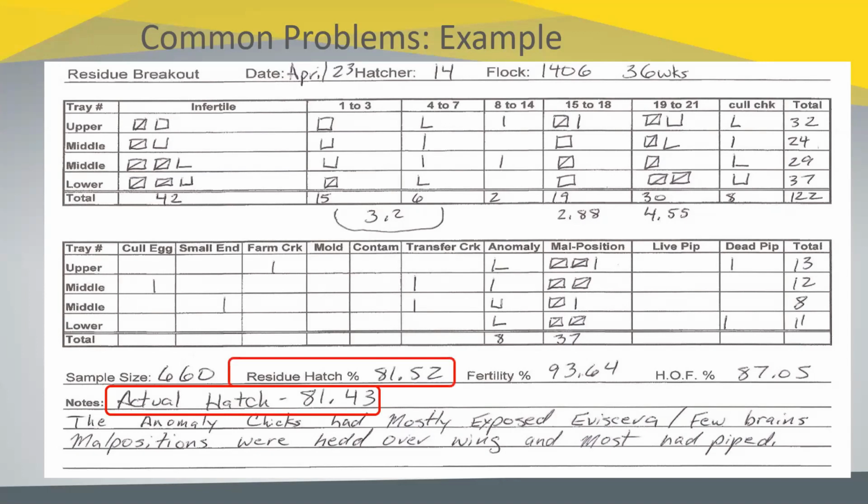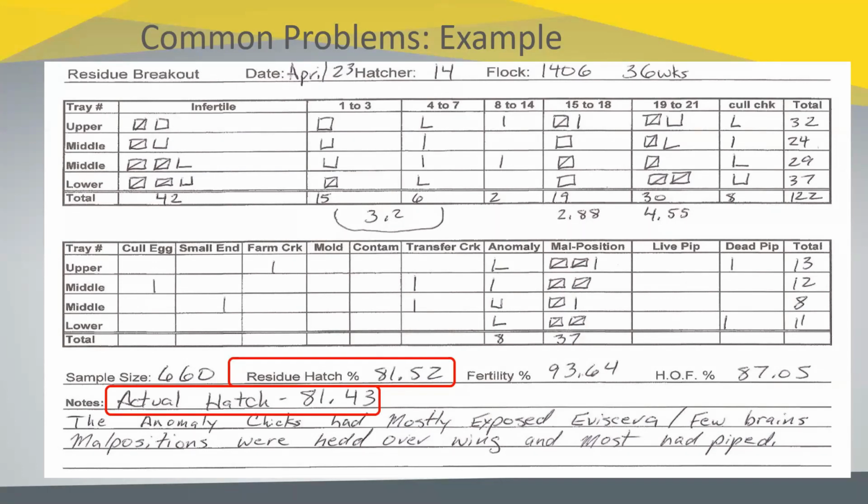And look at the residue hatch: it's 81.52. What that tells me is that this is a good sample. The fact that we selected and broke out these four baskets, and that the residue hatch calculated from this data was extremely close to the actual hatch, tells me this is good data.